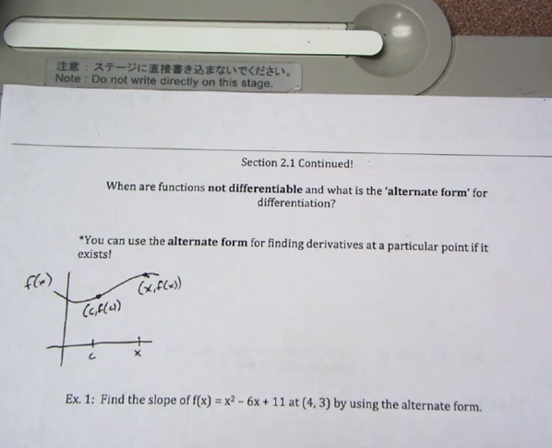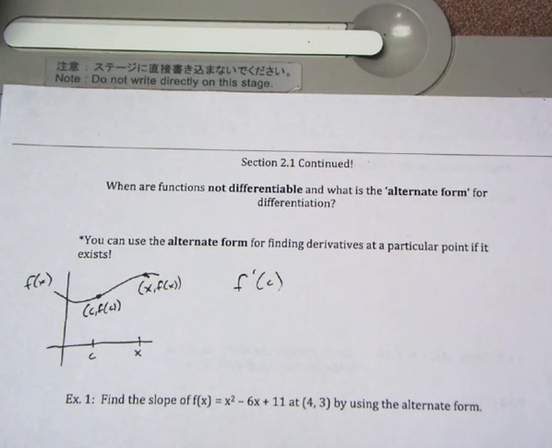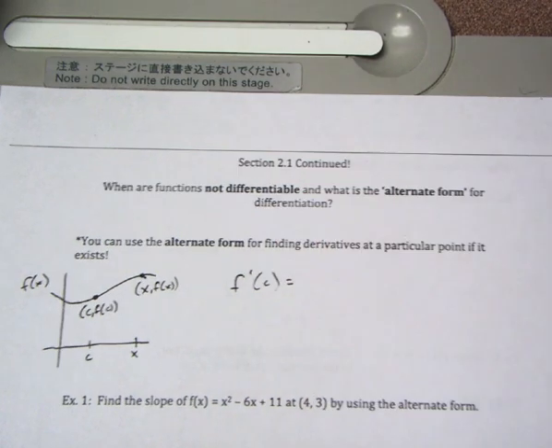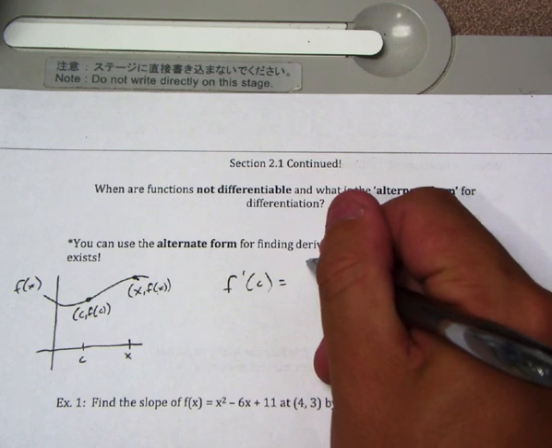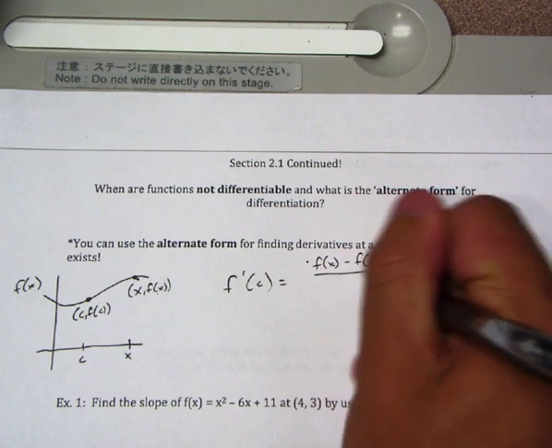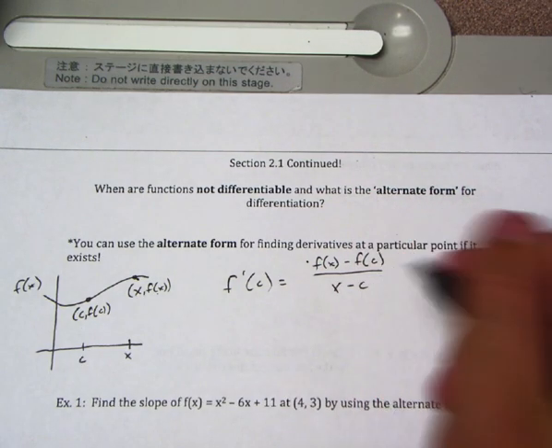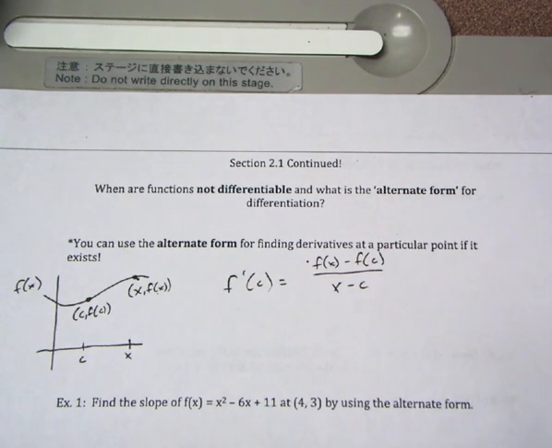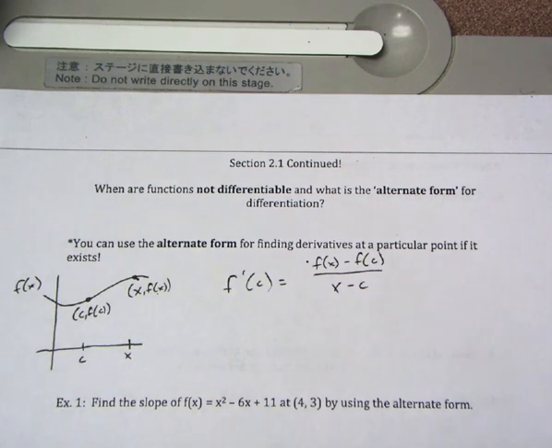All right, so if I want to find the slope of the tangent line at c, we're going to take the slope between these 2 points, so it's going to be y2 minus y1, so f of x minus f of c, over x2 minus x1. Now last time, when we took that second point and moved it as close as we could to the first point, we said that delta x was getting close to 0, like that change in x was shrinking and shrinking and shrinking.